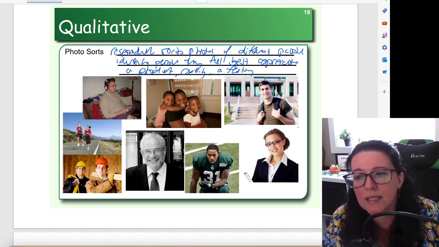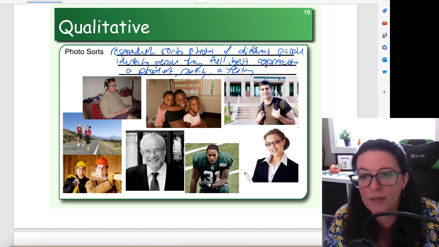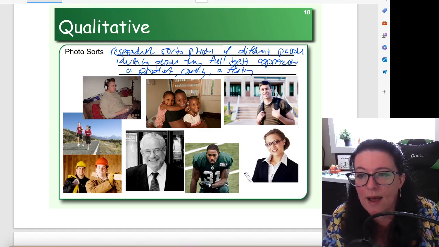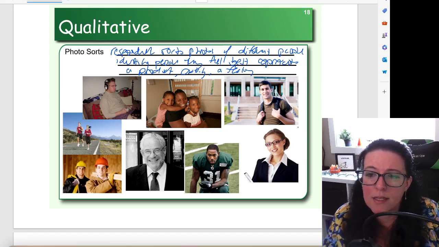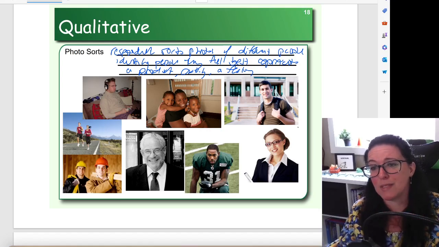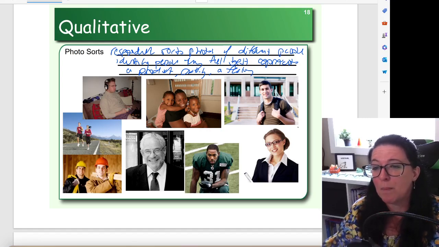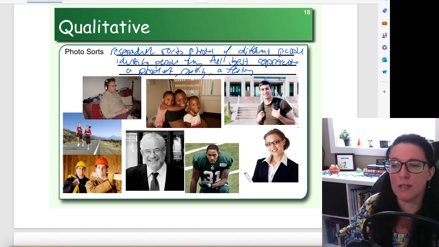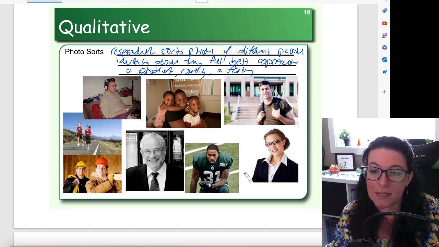But by projecting it onto the photos, well, this person is anxious because they have a high stress job. And this person is anxious because they have young kids at home. And so we're trying to get to what triggers anxiety in the respondent when the respondent may not be able to identify it for themselves. But by projecting it onto images, it creates a bit safer environment.